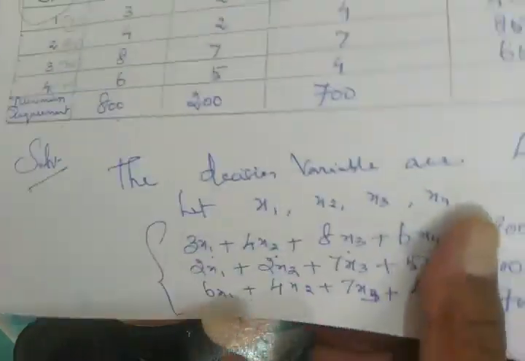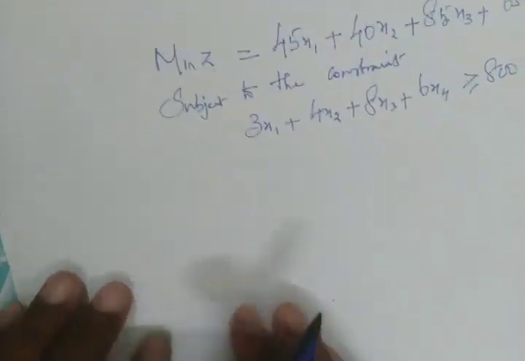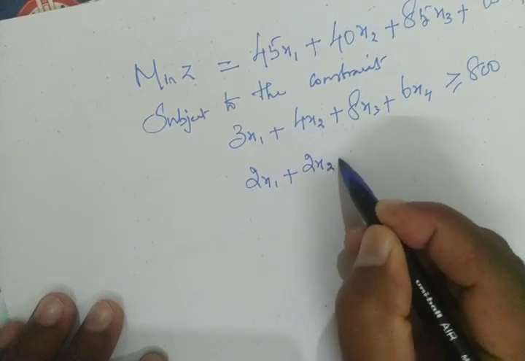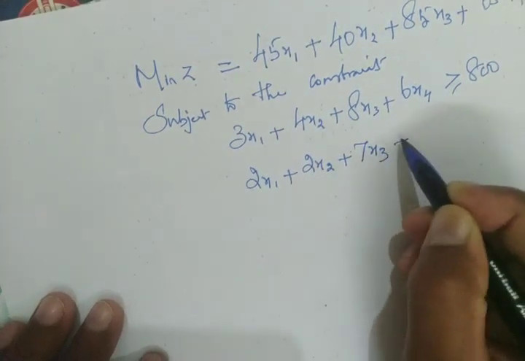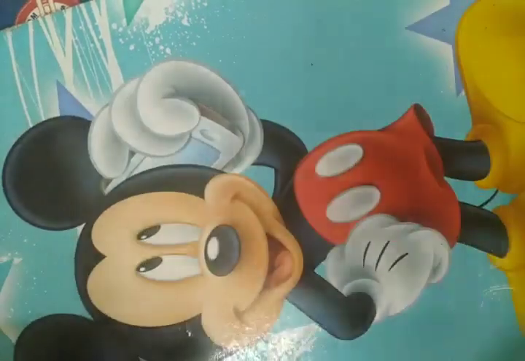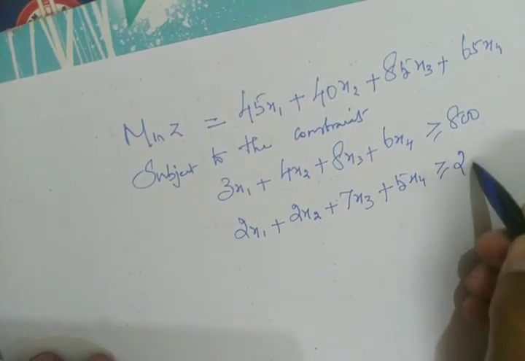Second constraint is 2x1 plus 2x2 plus 7x3 plus 5x4 greater than or equal to 200.